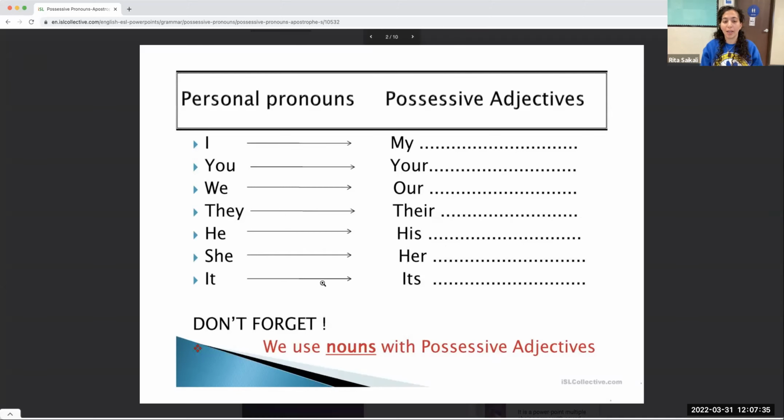They show that something belongs to that person, okay? And we use nouns with possessive adjectives, okay? So they describe what the noun is or who the noun is for. That's why they are called possessive adjectives, all right?